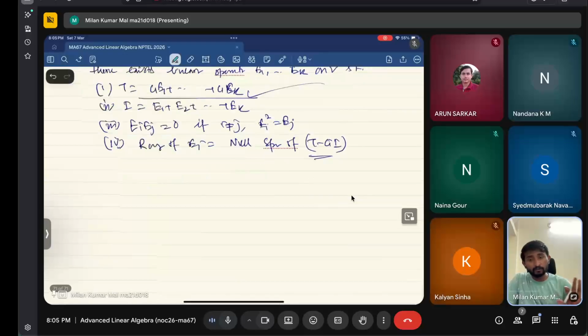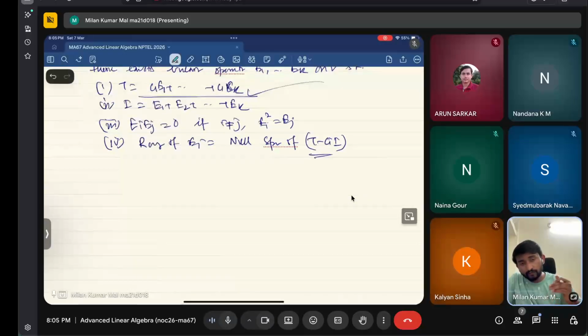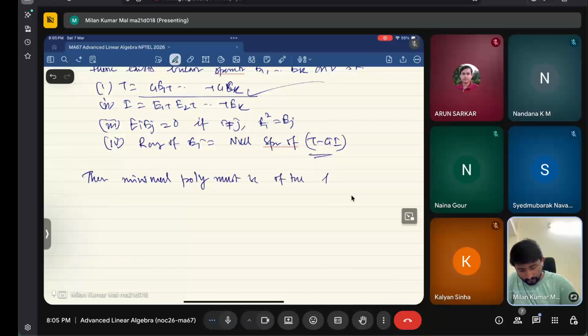But the main point I want to say is that, if you remember one theorem I have said, T is diagonalizable if its minimal polynomial is completely factorized into distinct linear factors. The minimal polynomial must be of the form (x minus c1) all the way to (x minus ck).